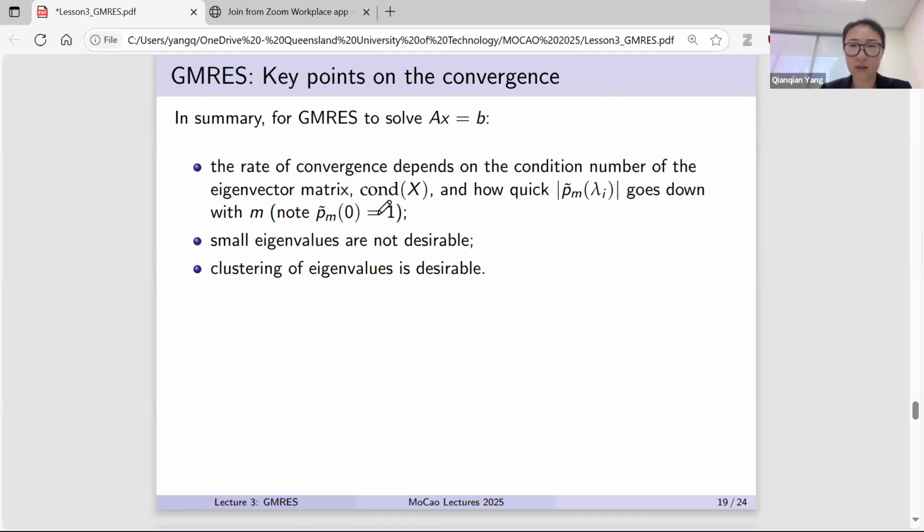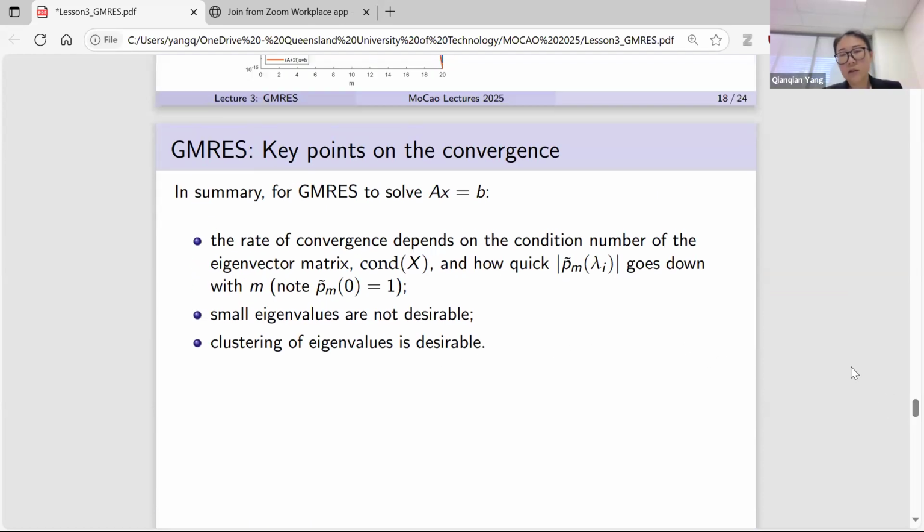This plays an important role for GMRes. Another thing we noticed is that we don't like small eigenvalues; we like clusterings, as in example 3.